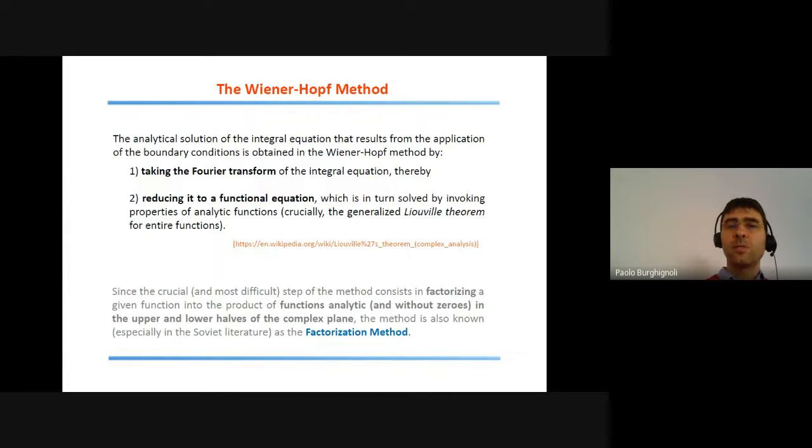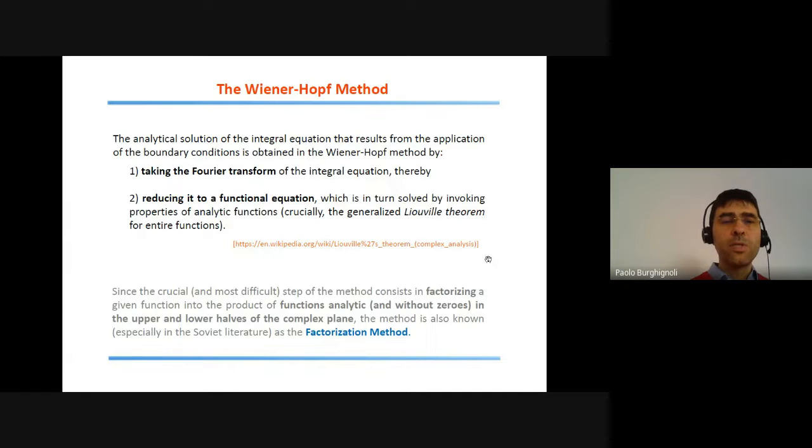And in particular, the crucial property that is employed is the so-called Liouville theorem that we introduced in the second lesson of this course, in its generalized form that we did not treat explicitly, but you can find easily anywhere, for example, on Wikipedia.